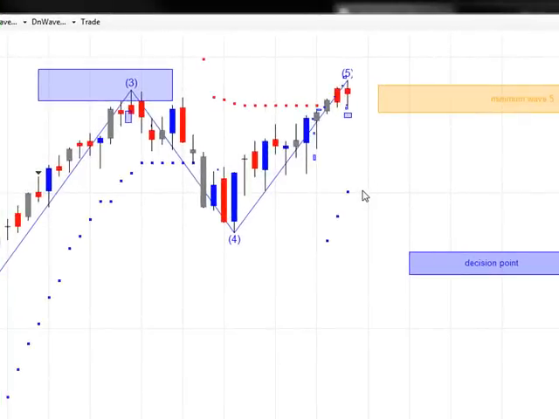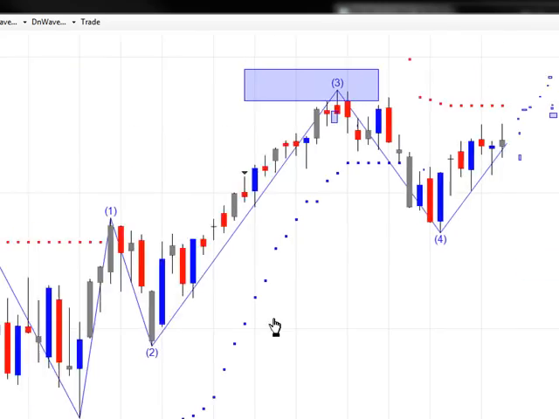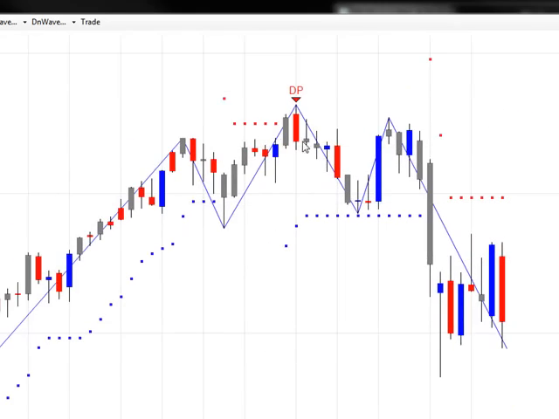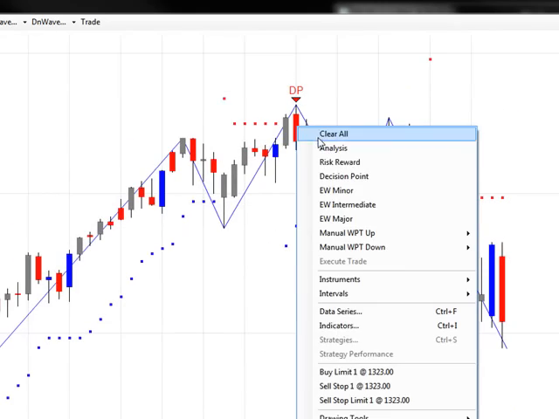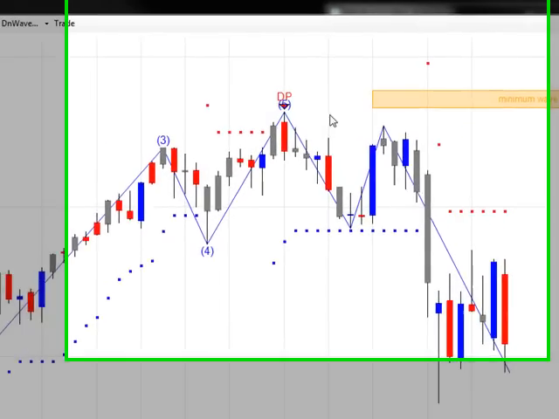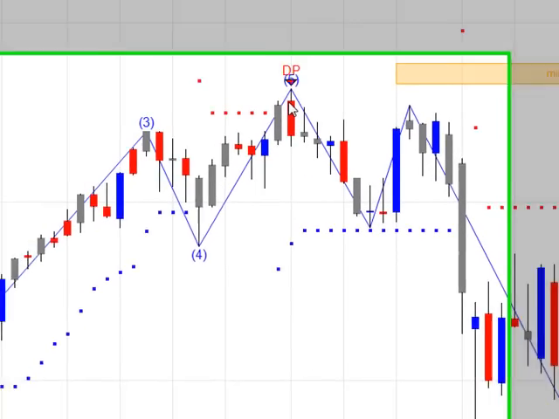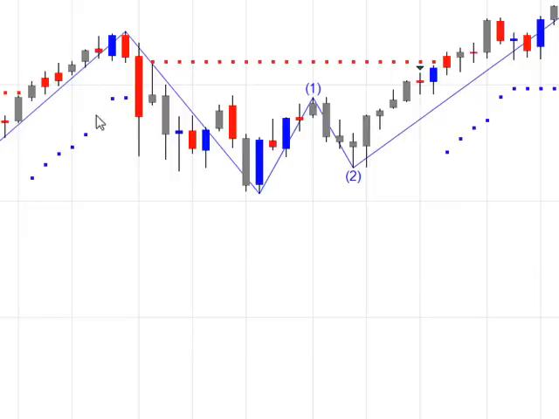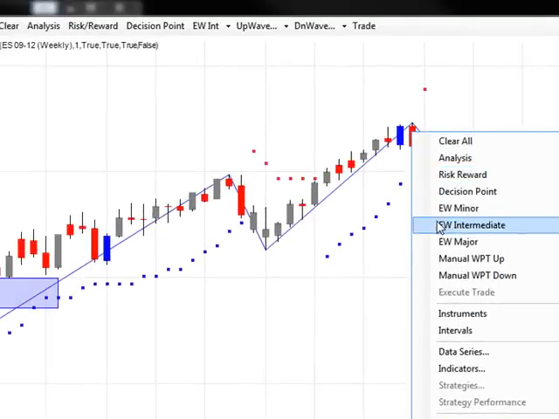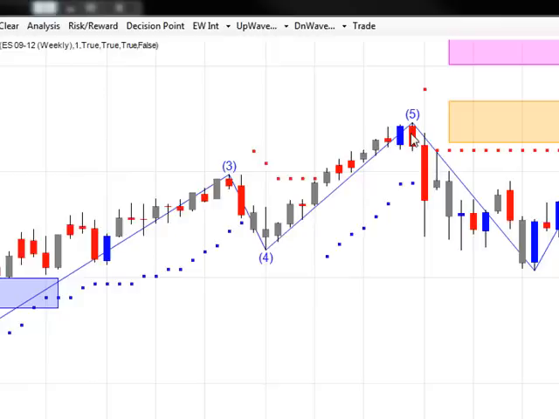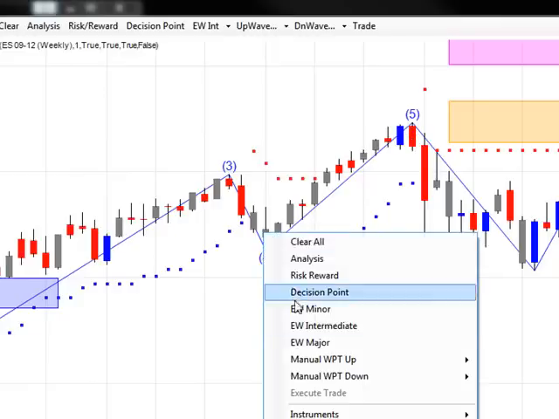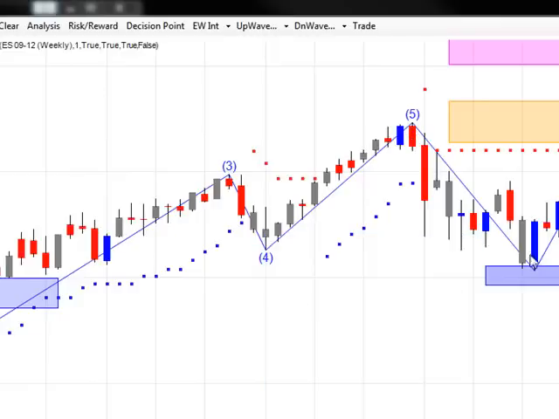And the reason we want to pay attention in this minimum wave 5, if we go back, you see where this major decision point top was here. If we put the analysis on, that also was in this minimum wave 5 resistance area. This last swing before we got a correction, again right in the minimum wave 5 target, corrected back to the wave 4 DP.